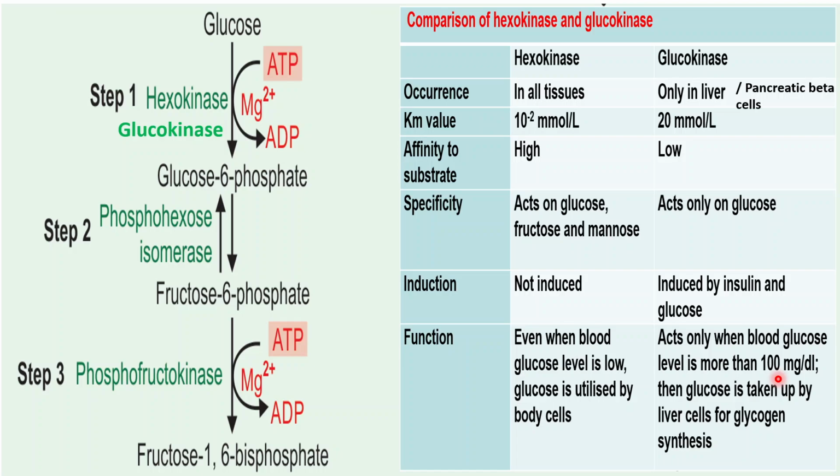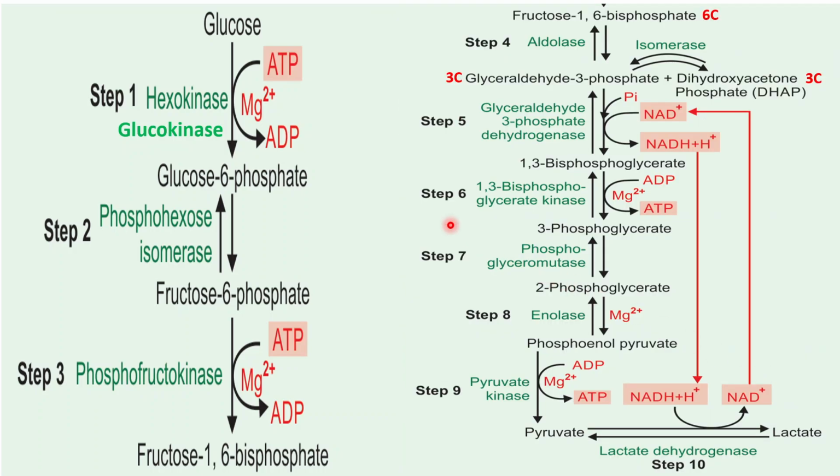Okay. So glucose gets phosphorylated to glucose 6-phosphate. Then it is isomerized to fructose 6-phosphate. Then fructose 6-phosphate gets another phosphate from ATP, which in turn gets converted to ADP, and forms fructose 1,6 bisphosphate. Here one phosphate group is attached at position 1, the other at position 6.